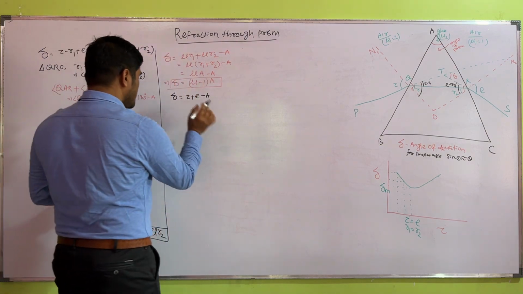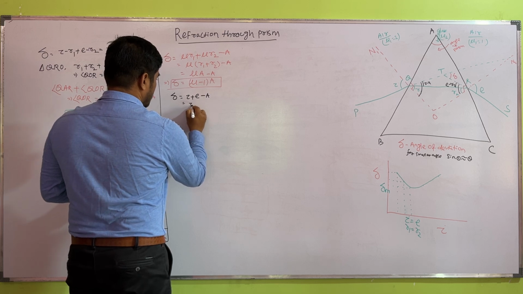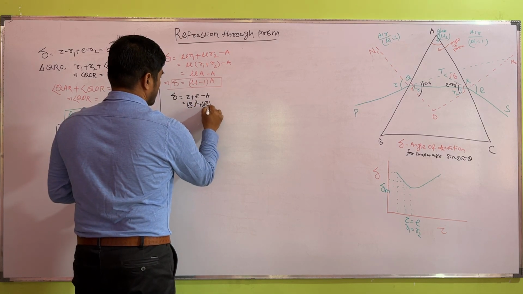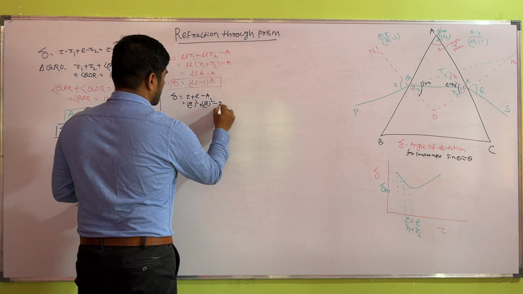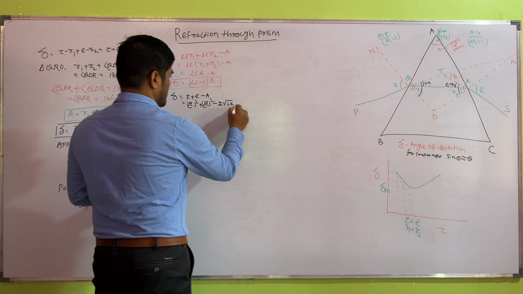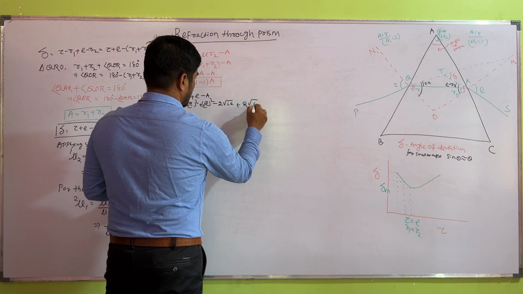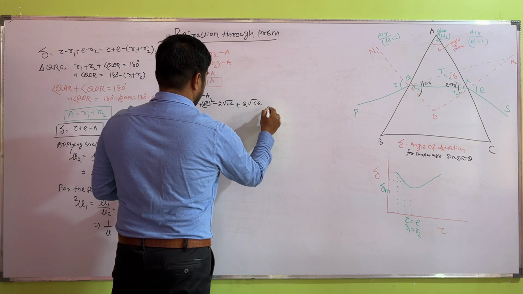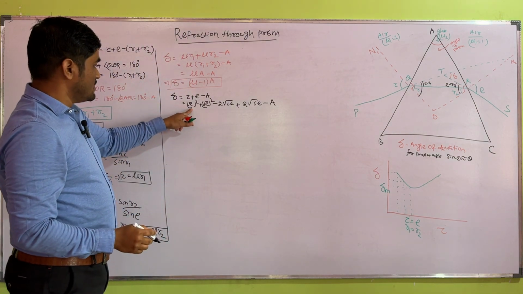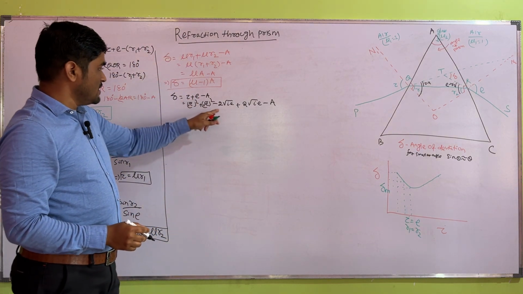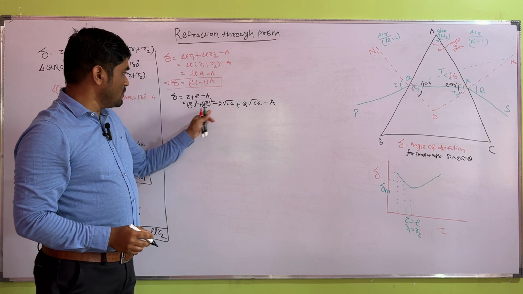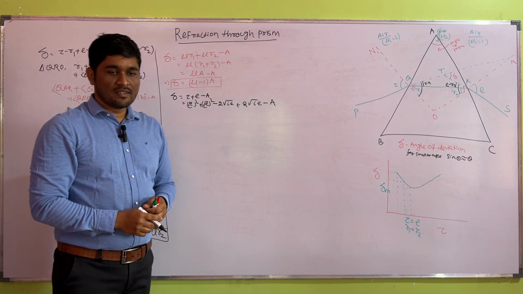Then I can write it like this: root i squared plus root e squared minus 2 root i e plus 2 root i e minus A. Root i squared is i, root e squared is e. This is minus, this is plus, they will cancel, and this will be i plus e minus A. Clear?